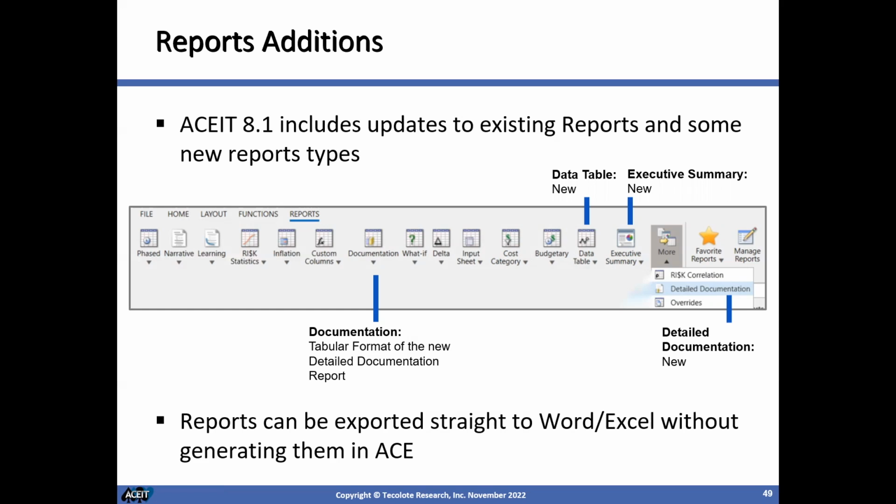And then the main reports update is the executive summary. You can now also create reports and export them straight into Word and Excel without having to generate them first in the ACE environment. So that should save some time if you really are interested in getting the report in Word or Excel.